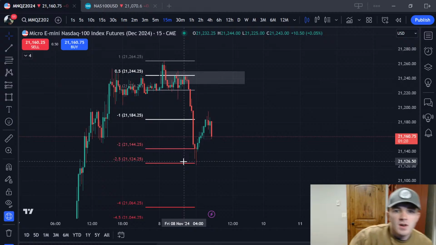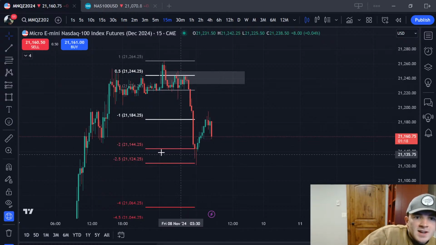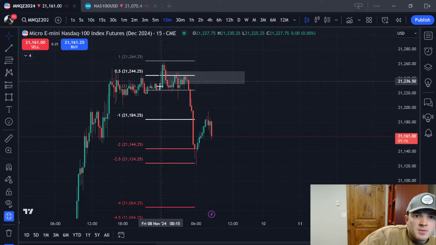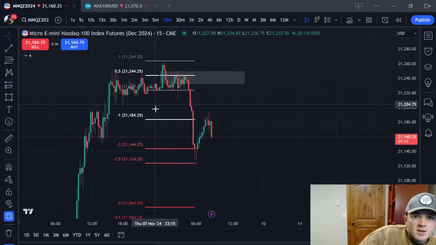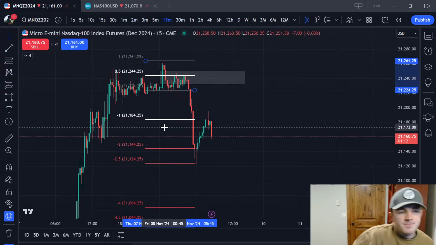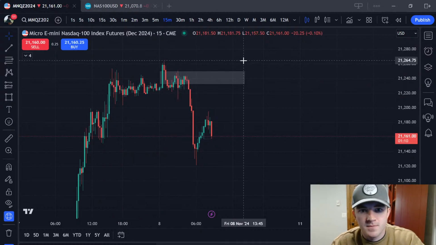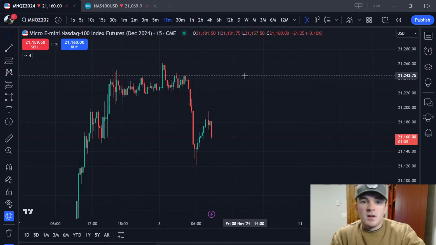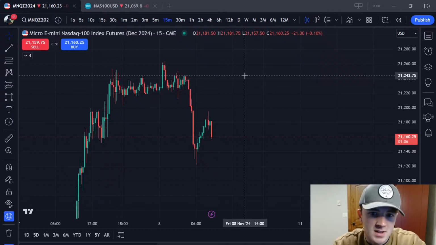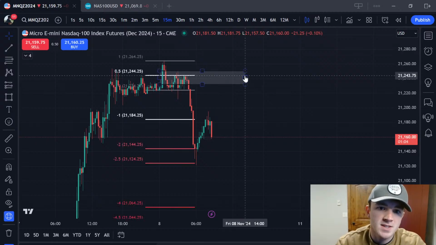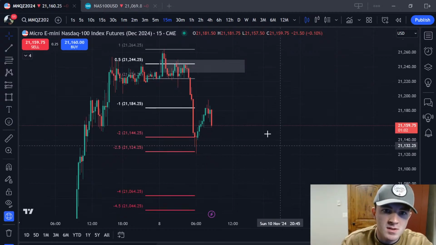I mean, this lining up right below this liquidity pool, it's just not random. Anyway, I just thought that was cool. So my guess is today we will be going to this.